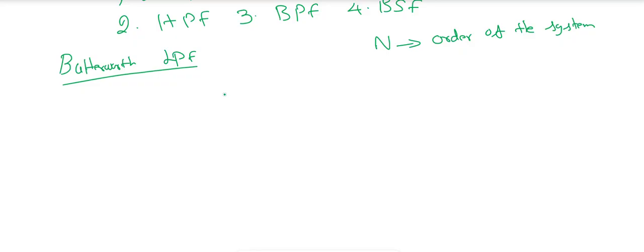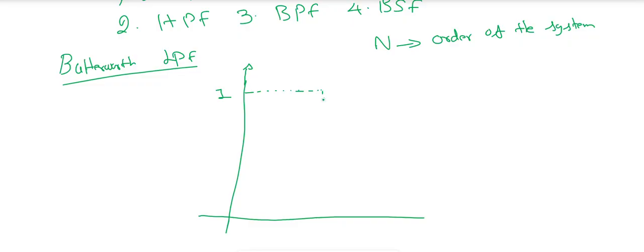If you see the magnitude response of the Butterworth low pass filter, the ideal one will be like this, where this is 1. This is the ideal characteristic of the Butterworth low pass filter.